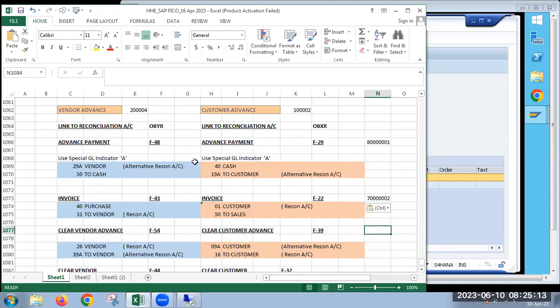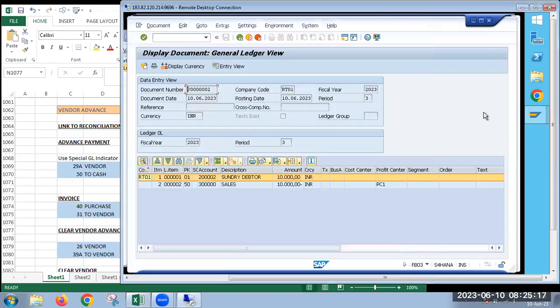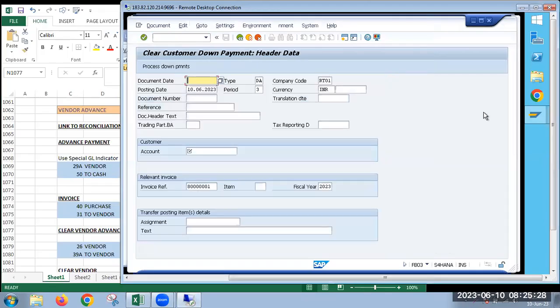The same way we have seen in detail with the advance for the vendor. So in F-39, we can transfer the amount. Clear the customer. It's a DA. What is DA?